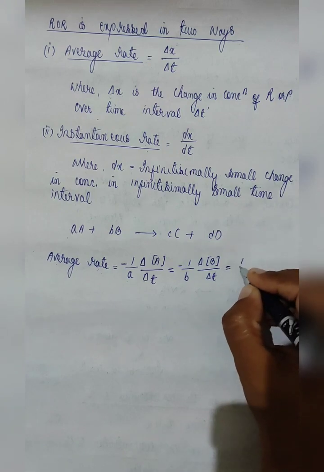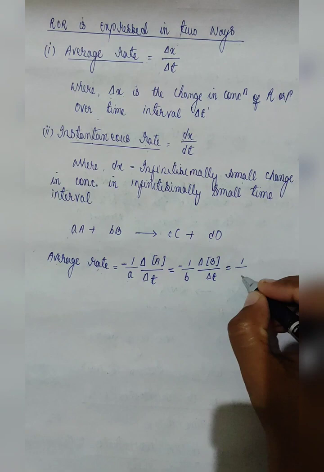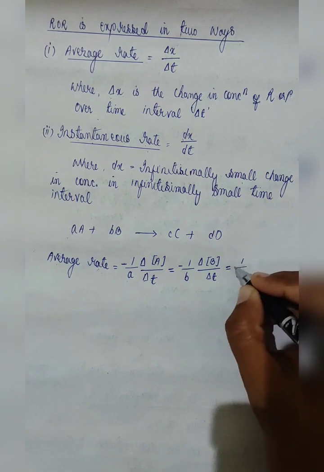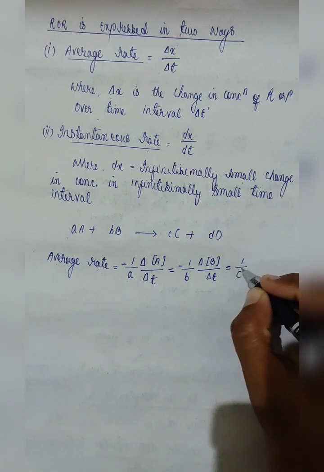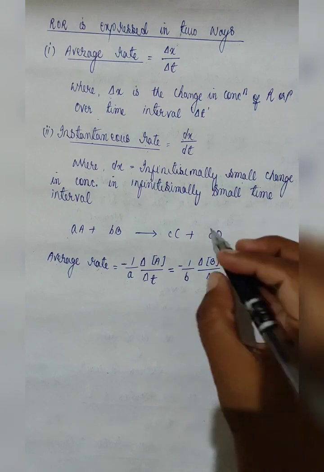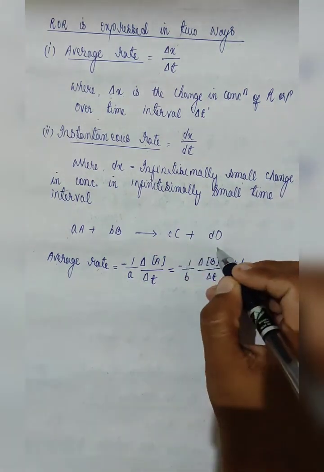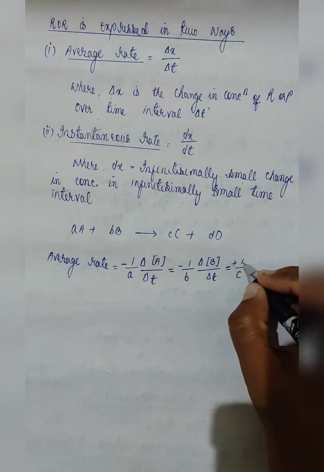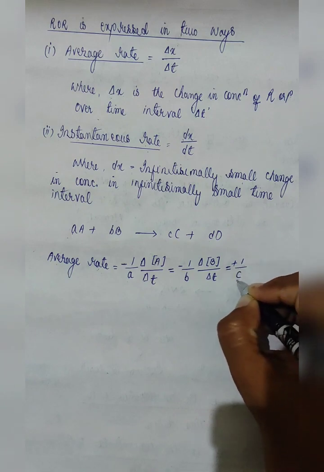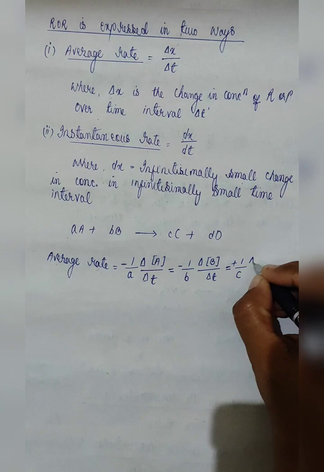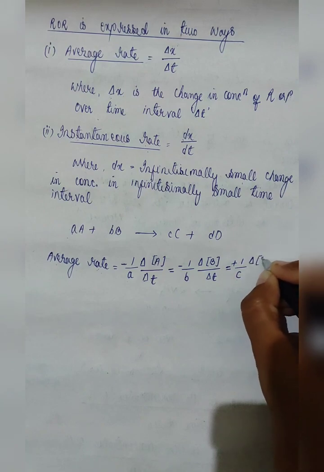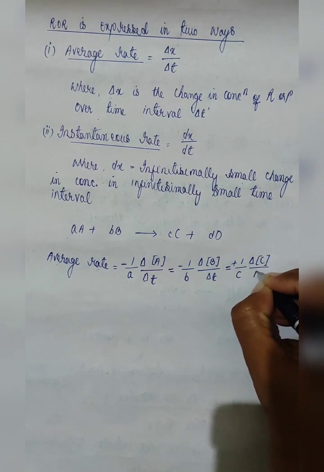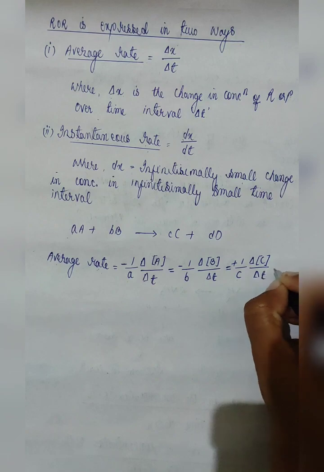Now 1 divided by the stoichiometric coefficient. Here it will have a plus sign because the concentration increases in the product. So it will have a positive sign: 1 divided by the stoichiometric coefficient, followed by the change in concentration of the product C with respect to time.